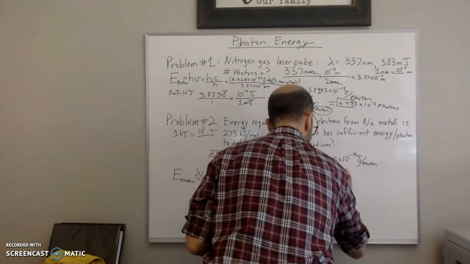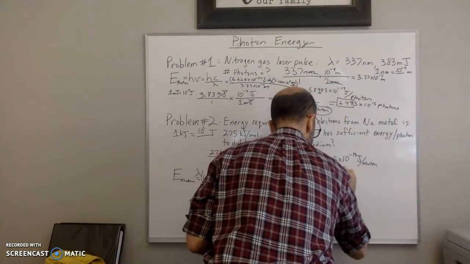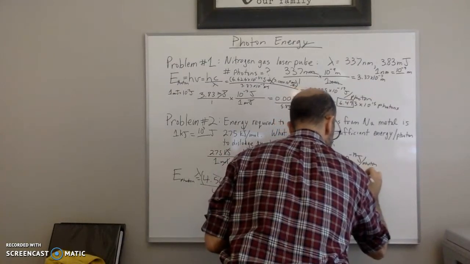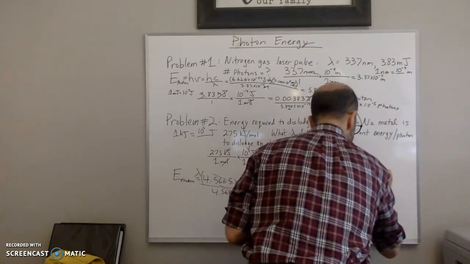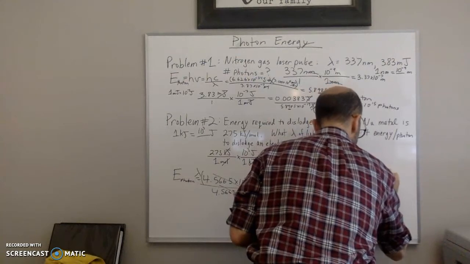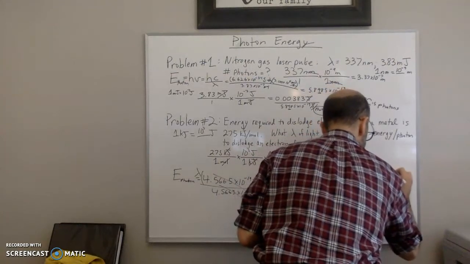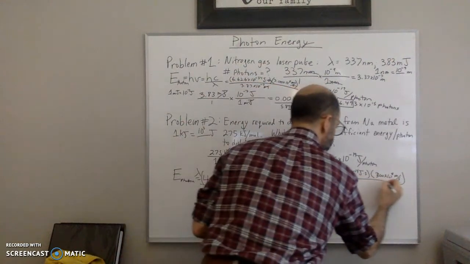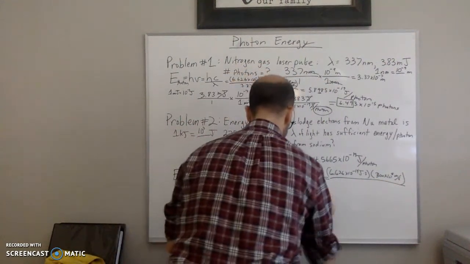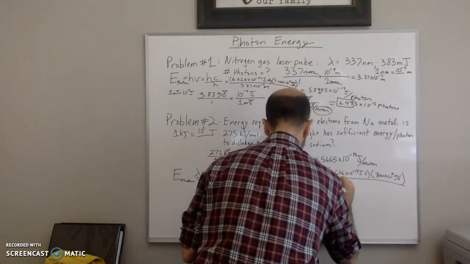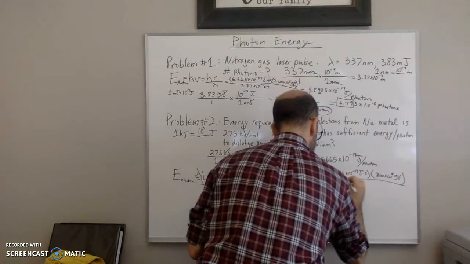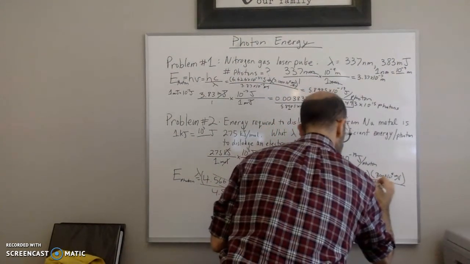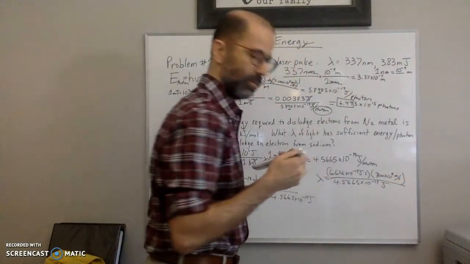hc, but h is 6.626 times 10 to the negative 34 joule seconds. c is 3.00 times 10 to the 8 meters per second. And then we're going to divide by this number here, which is our E, 4.5665 times 10 to the negative 19 joules.